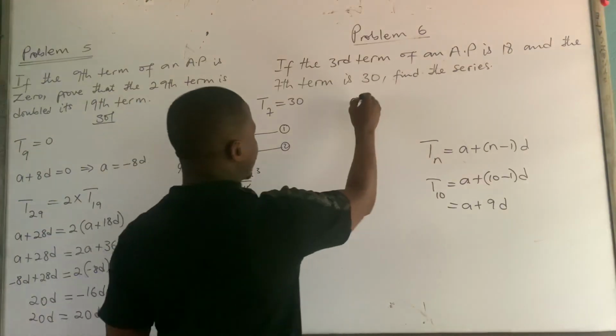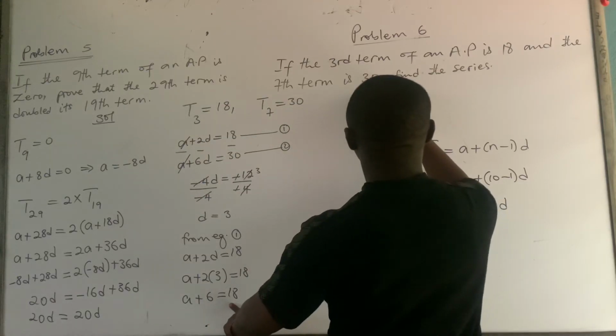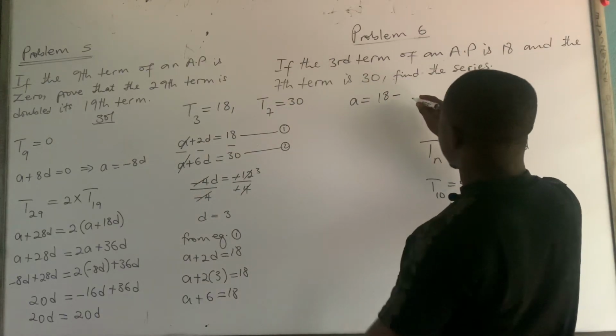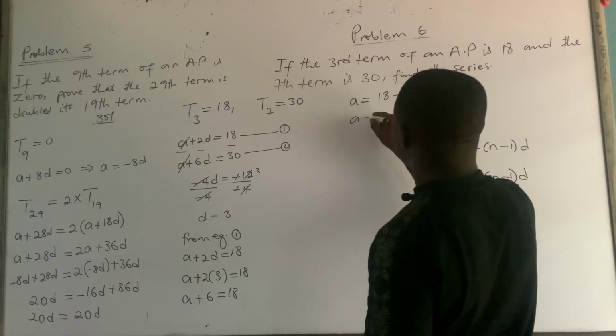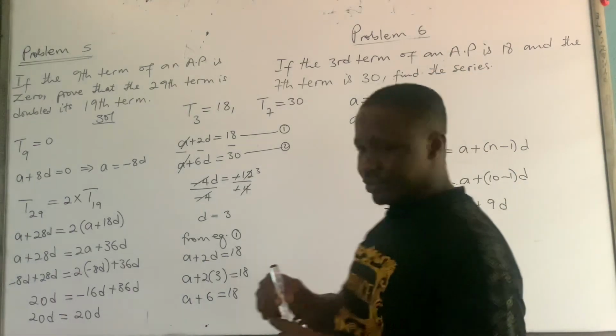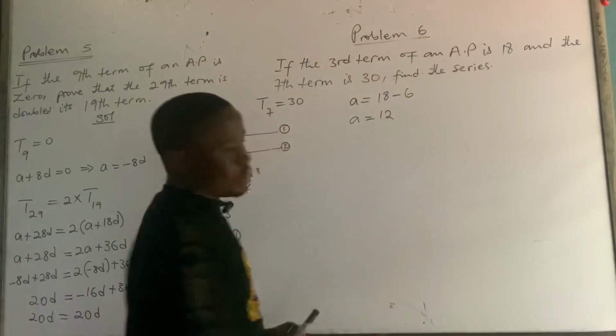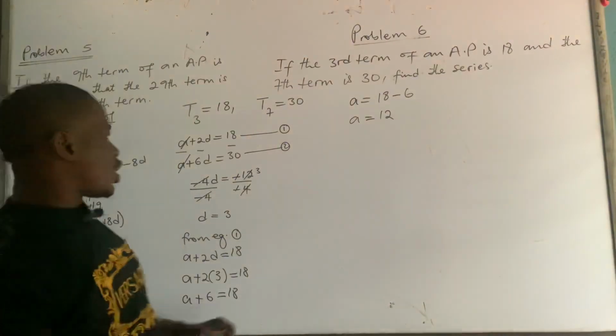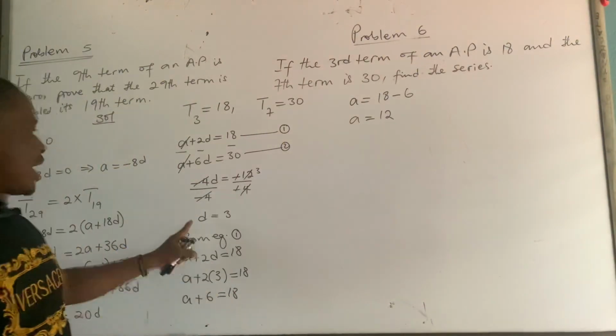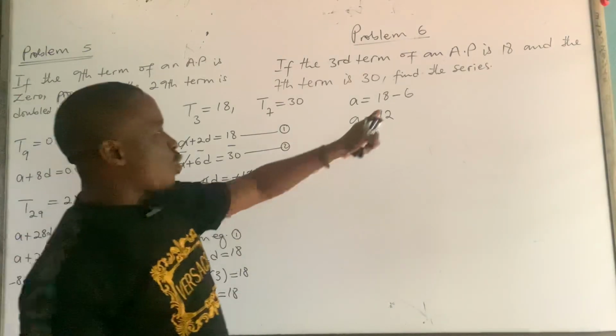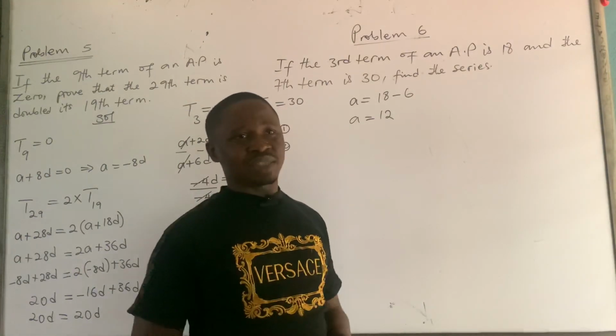So A is equal to 18 minus 6. Then A is equal to 12. So the question does not ask us to find the first term and the common difference. The question requires us to find the series.